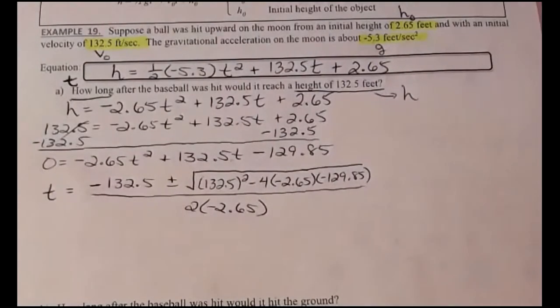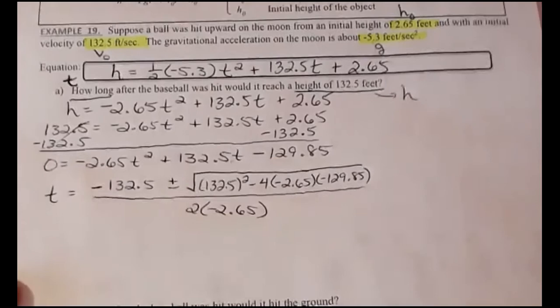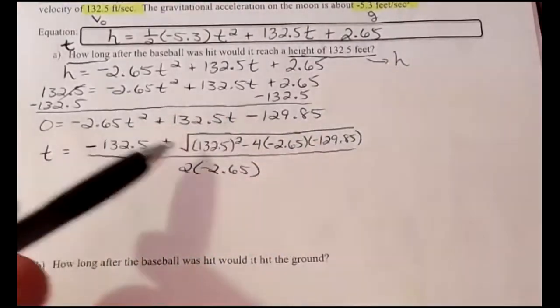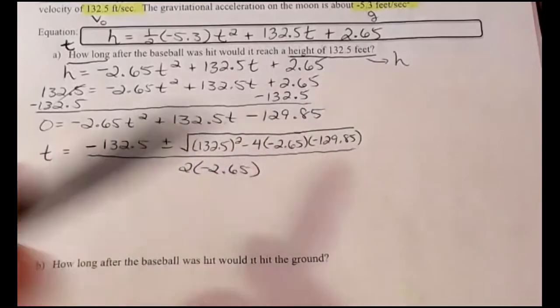I don't want you to panic about how crazy this looks. When you see that our original problem has a whole bunch of decimals, what that implies is that your answer can also be in decimal form. So what I would recommend is to literally plug this entire thing in all at once.